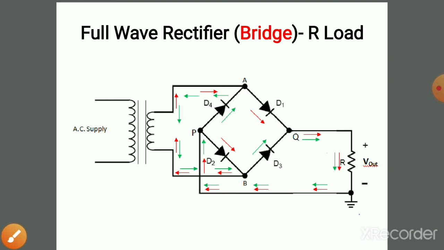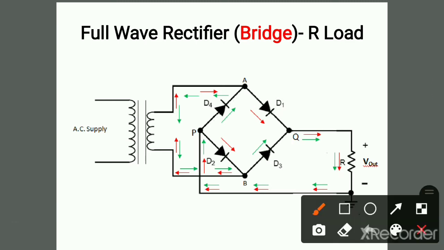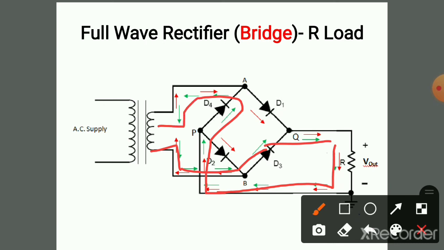So during the negative half cycle of its operation, you can see here the flow of current will be like this. The flow of current goes from this to like this. So D3, then towards the load, then it flows like this. Okay, then D4, this one, this is the closed circuit.